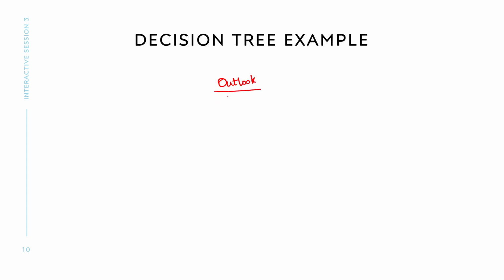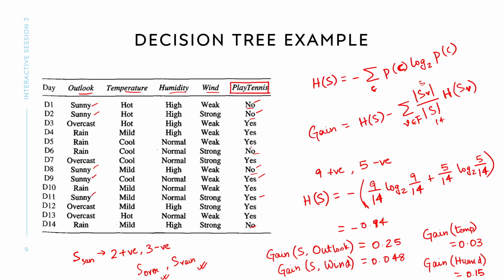So this will have three branches: one is sunny, one is overcast, one is rainy. For every branch we'll look at what the other features are. So first let's look at overcast, because that will be the easiest.